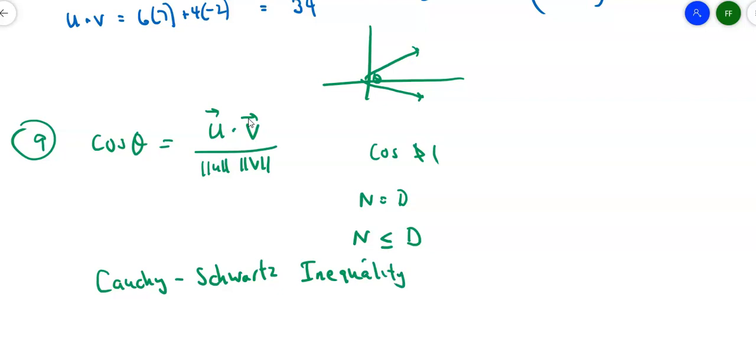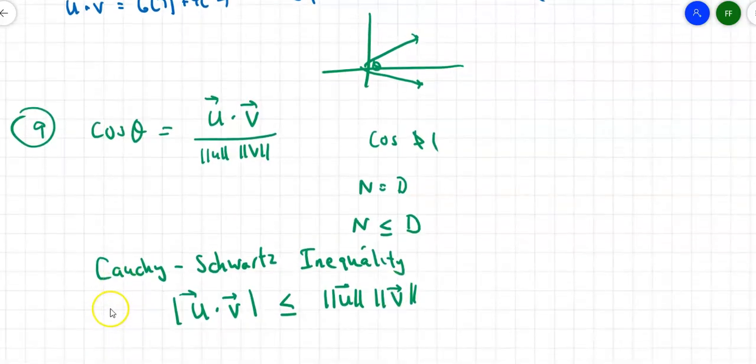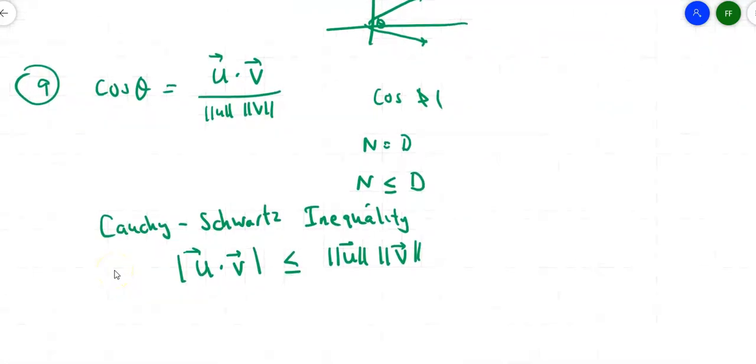And that is that the numerator, the absolute value of the dot product, because dot products can be negative, has to be less than or equal to the magnitude of u times the magnitude of v. And that's for vectors in Rn. And again, that first thing is the absolute value of the dot product. And where does it all come from? It comes from the fact that I can't have a numerator that's greater than a denominator if it's equal to cosine.